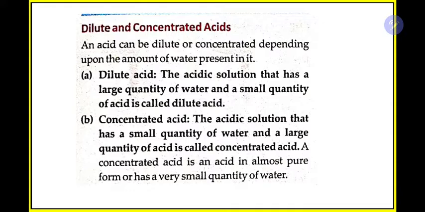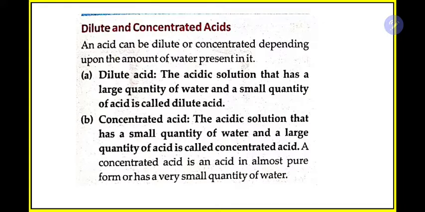So one more term is there, diluted and concentrated acids. So these two terms, then our acid topic is over. An acid can be diluted or concentrated depending upon the amount of water present in it. So let me give you one clear example. For example, you have one glass of pure milk, in which your mother or the milk salesman has not added any water.